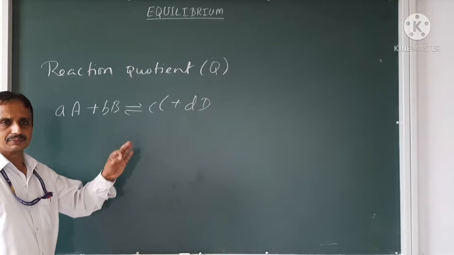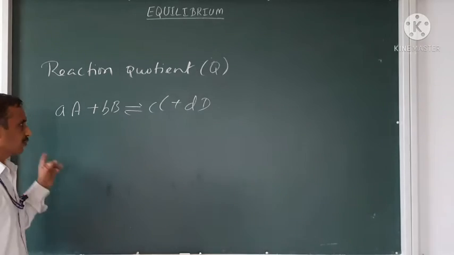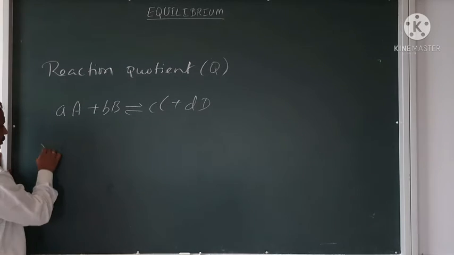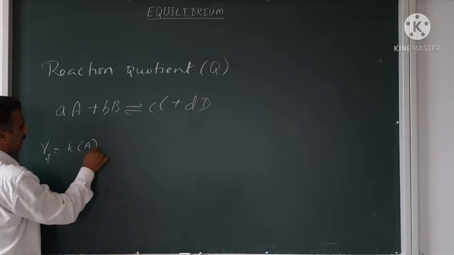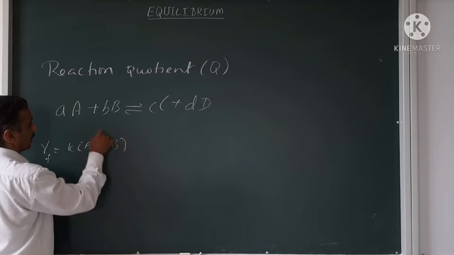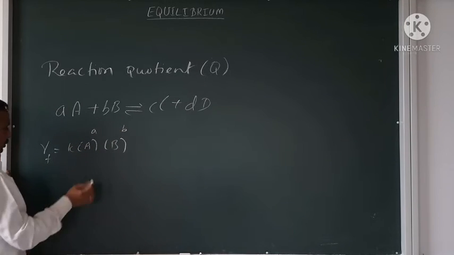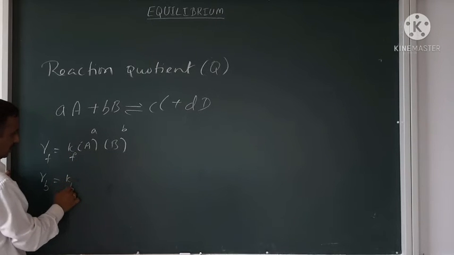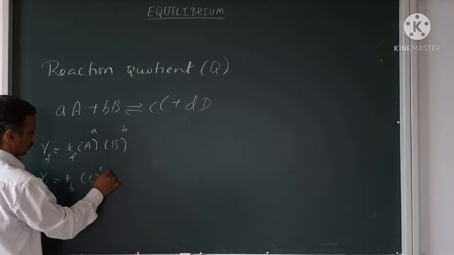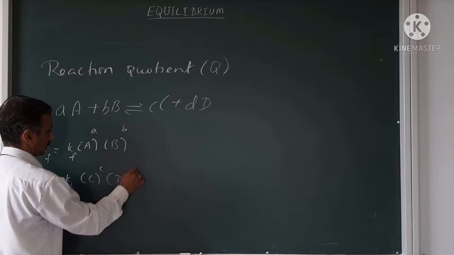If I write the rate law for the forward and the backward reaction, R forward is equal to K forward into [A] to the power a into [B] to the power b. For the backward, R backward is equal to K backward into [C] to the power c into [D] to the power d.